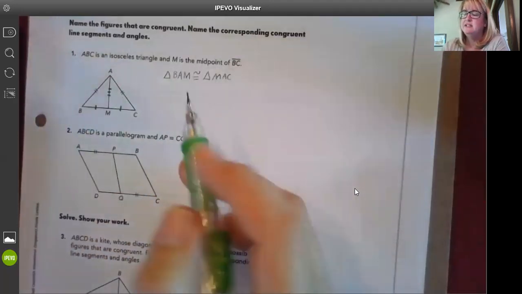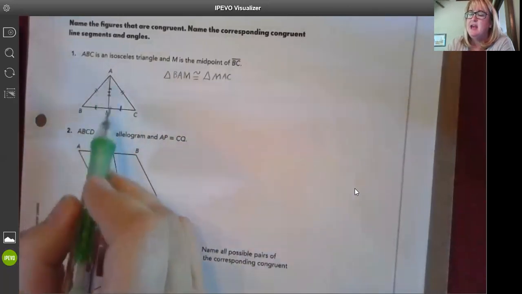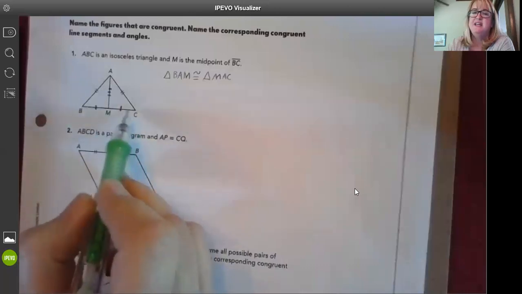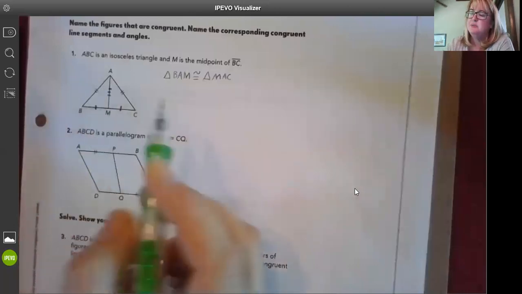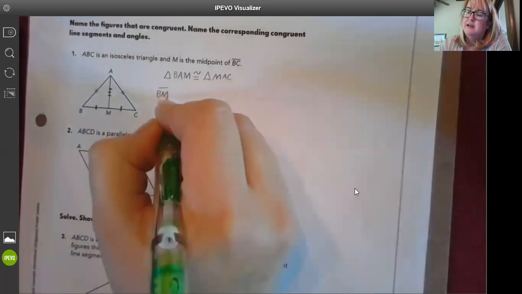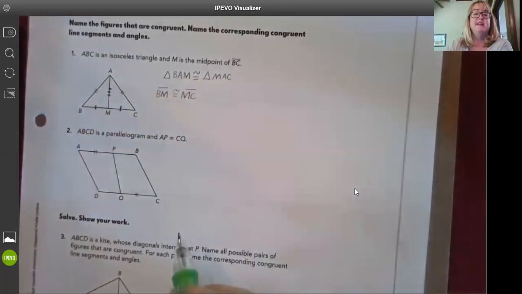Name the corresponding congruent line segments and angles. Okay, so let's look at our line segments. So in BAM, BM is congruent to MC. We use the little hash marks to show that. What are the other side lengths that are congruent?